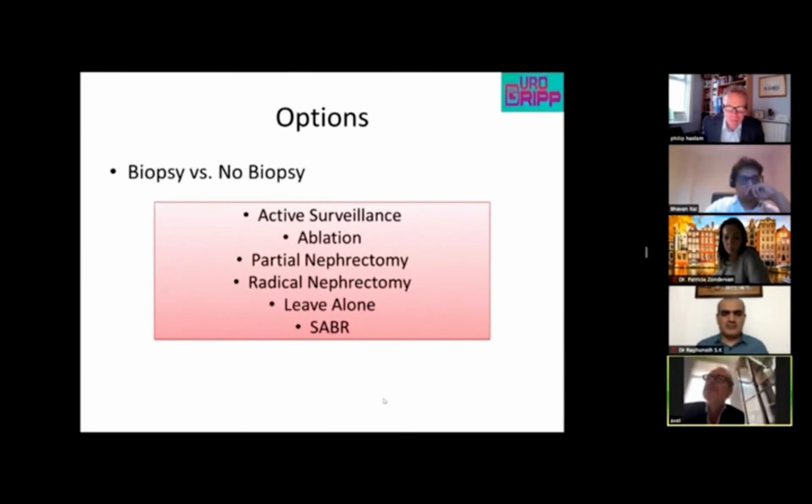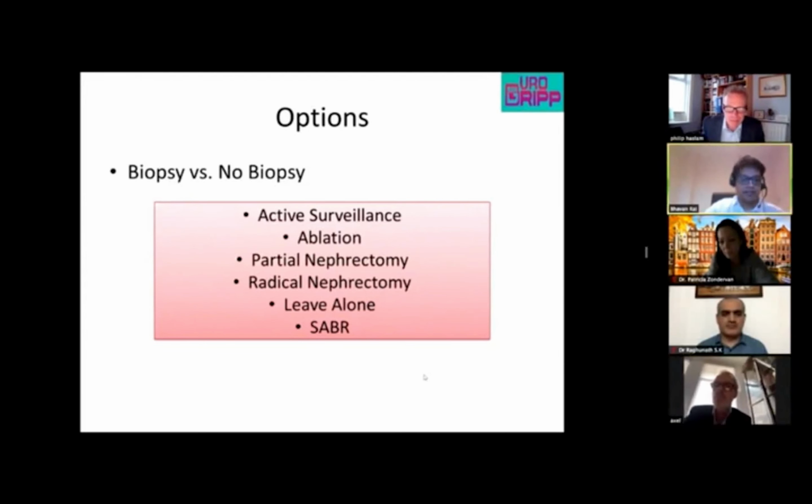So it drops really compared to the one in the literature. And I remember that at the EAU, there was a presentation of a retrospective series of patients who were 70 years and older, with lesions of 2 centimeters in size maximum. And none of those patients ever died of one of these lesions. So I think these are both very good arguments to keep the tumor under observation even without a biopsy.